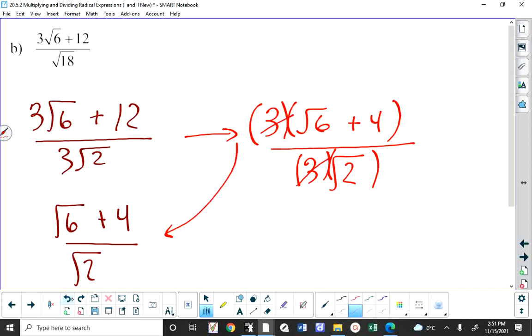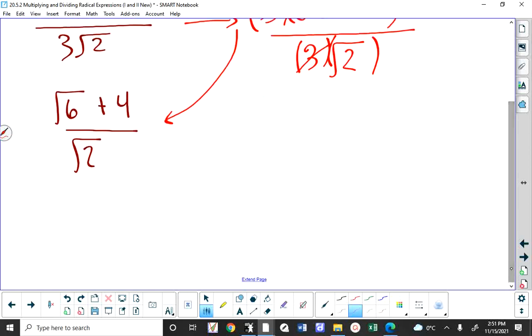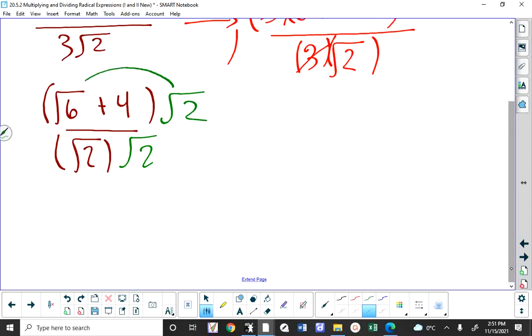I'm going to multiply top and bottom by root 2. So, distributing this root 2, I get root 12 plus 4 root 2 over 2.